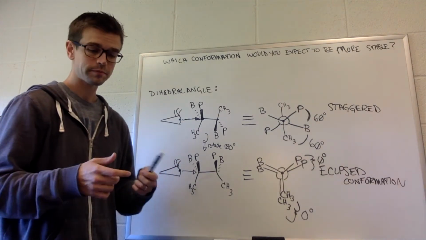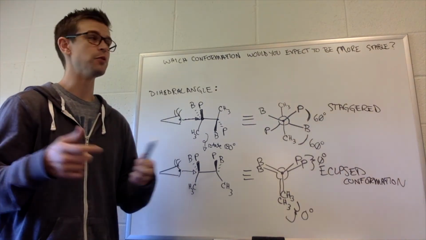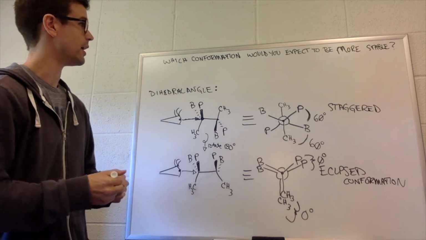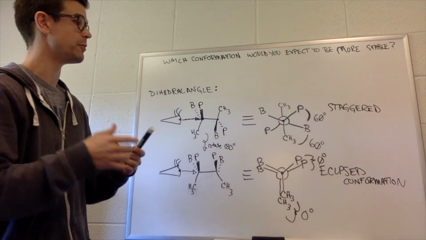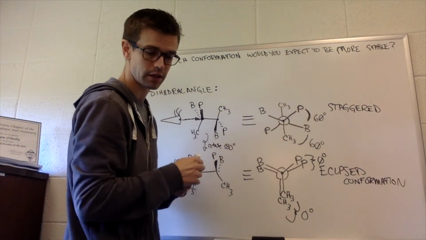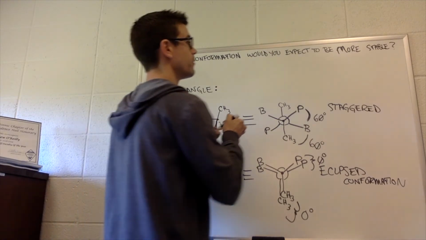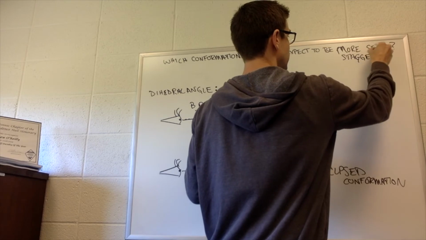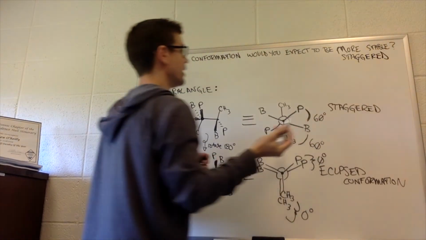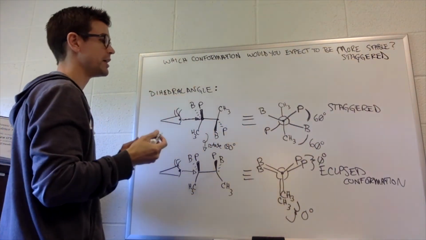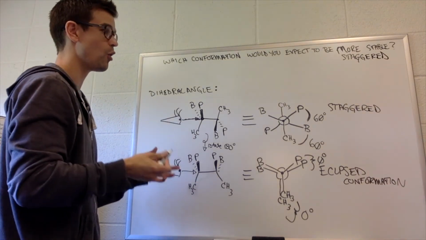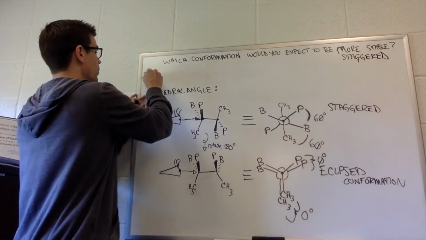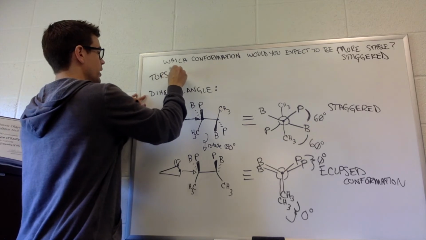And what I think that most of you probably selected is the more stable conformation is the staggered conformation. So the staggered conformation is more stable. And why is that? Well, the staggered conformation has no torsional strain. Well, what is torsional strain?